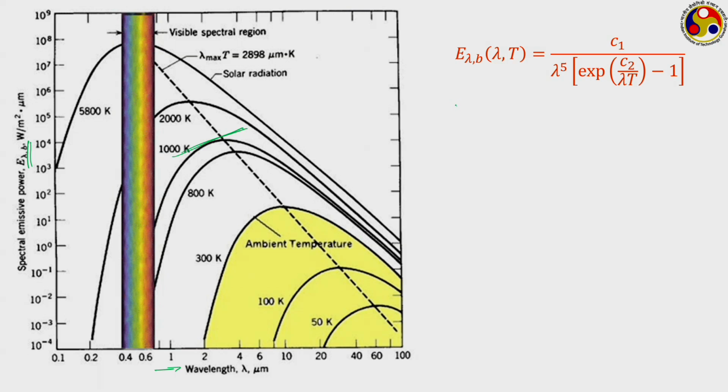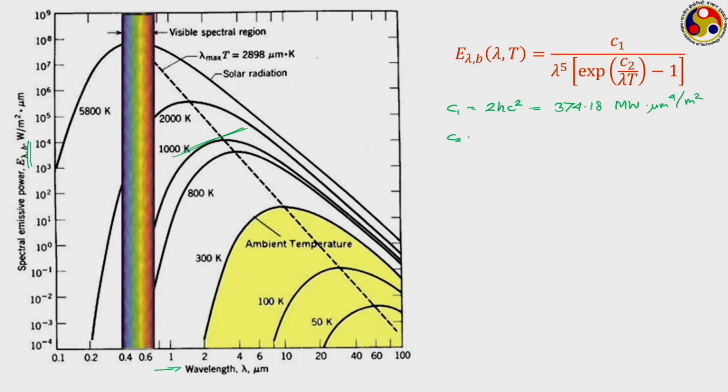Here C1 and C2 are constants. C1 is equal to 2hc square and the value is generally 374.18 megawatt micrometer to the power 4 by meter square, where h is the Planck's constant. I hope you can remember that the Planck constant presently sets the new standard for measurement of mass.